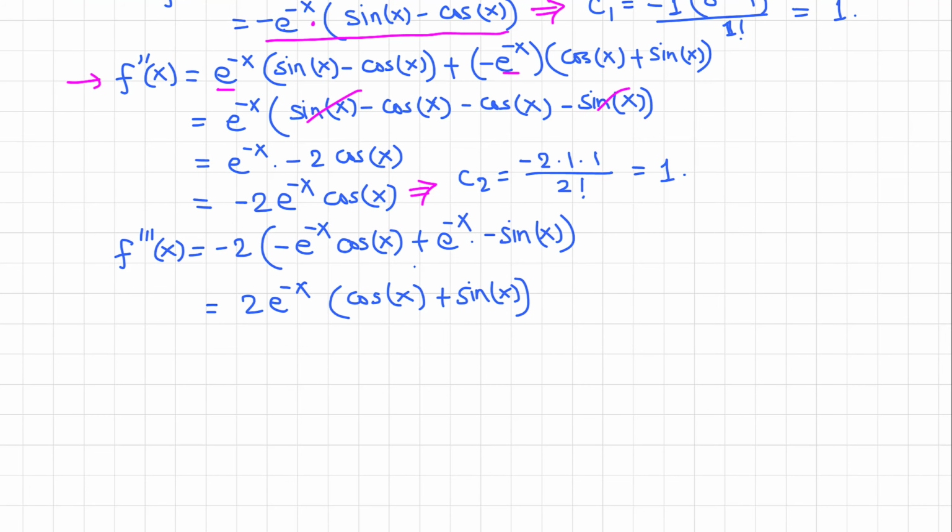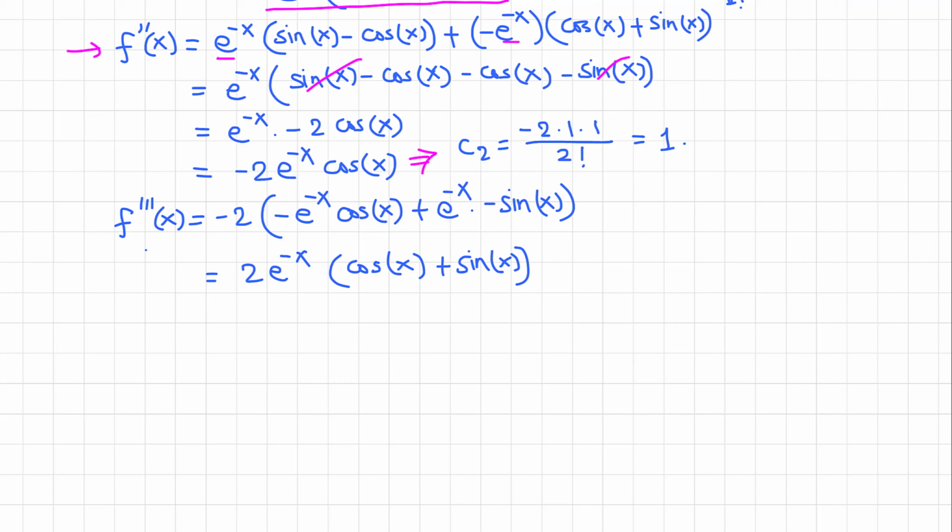Now we need to find the third derivative to find c3. So we are finding the derivative of this one. We can leave negative 2 outside, and for these two we can use the product rule, and we get this one. We can factor e to the negative x outside, and negative 2 times negative gives positive, and we get this one.